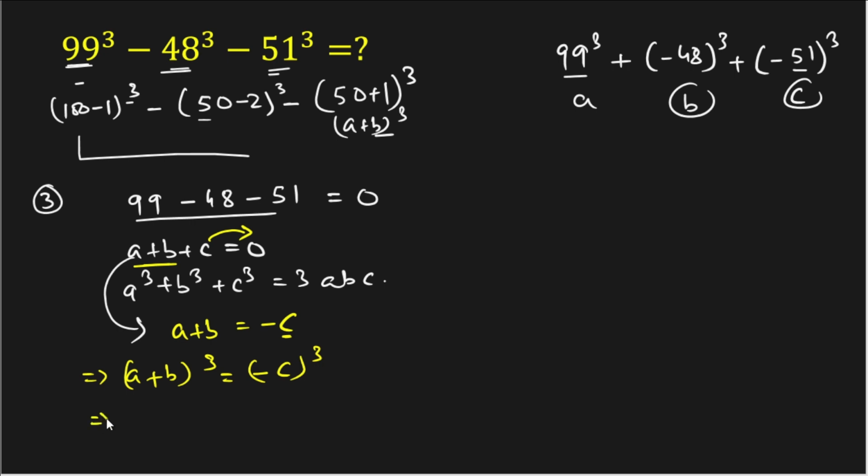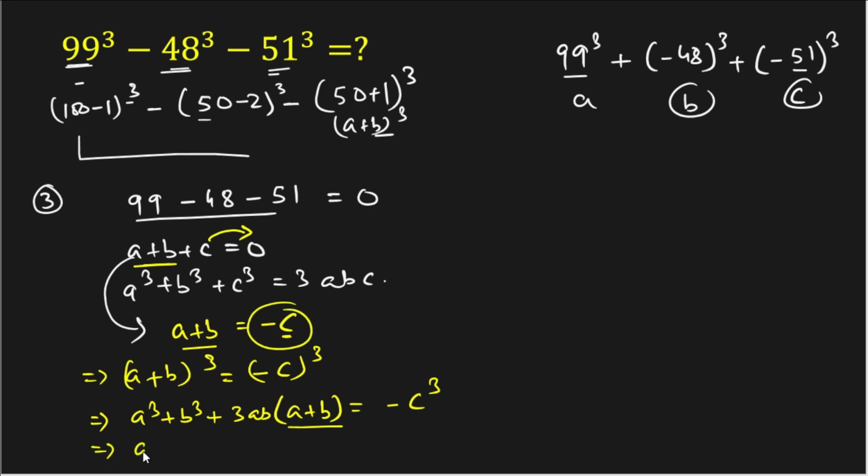So the formula of a plus b whole cube is a cube plus b cube plus 3ab times a plus b, and that is equal to, on the right hand side, negative c cube. Here the value of a plus b is negative c, so we can write it as a cube plus b cube, minus 3abc, equal to negative c cube.